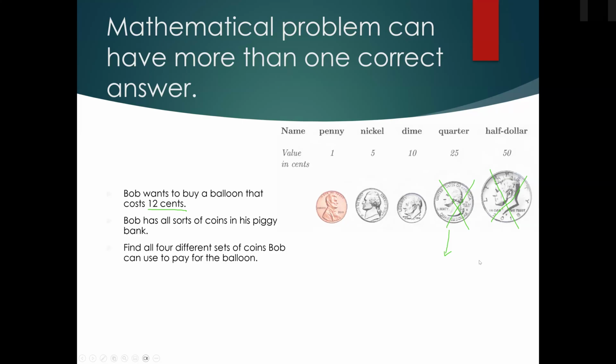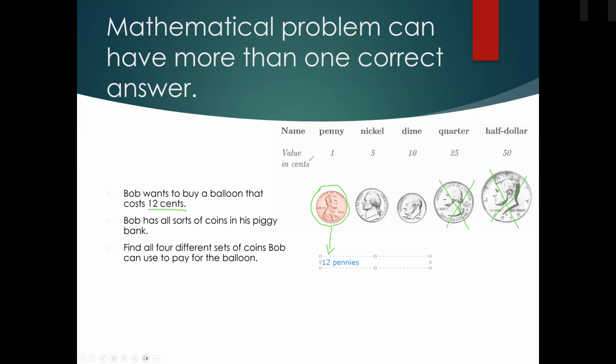So therefore we can't have any coins that equal more than 12. A good way to start is by starting with the coins that are the smallest and have the least value, so the penny. One combination that we can come up with is 12 pennies. My handwriting is very ugly, but 12 pennies can work, right?